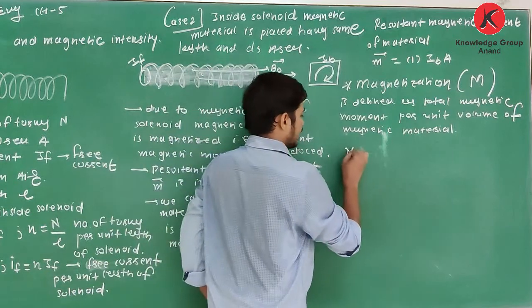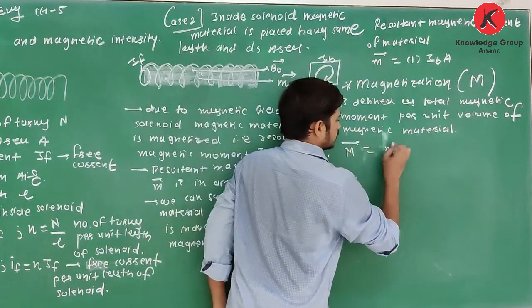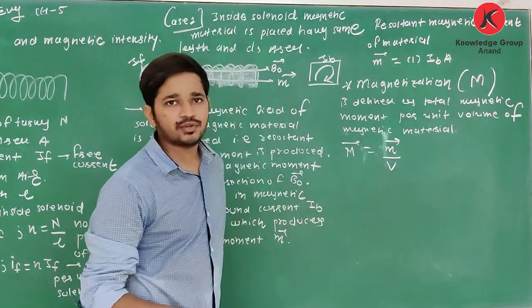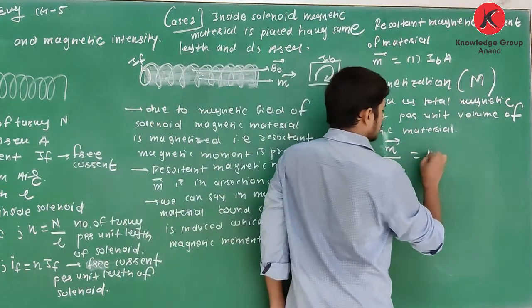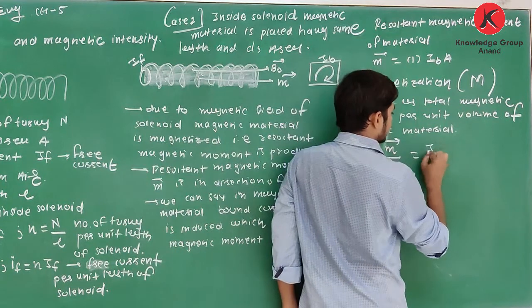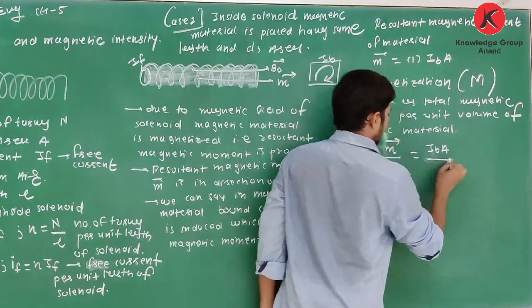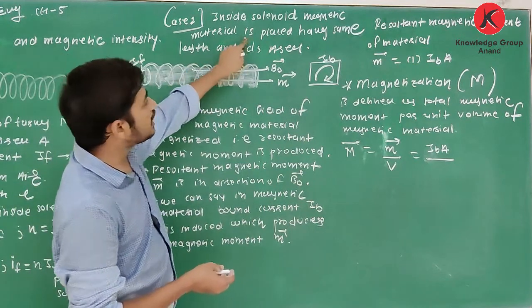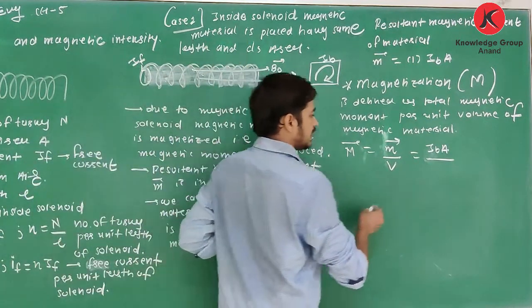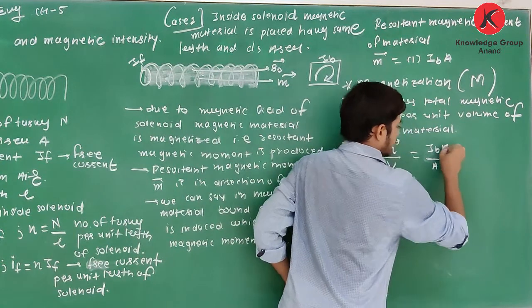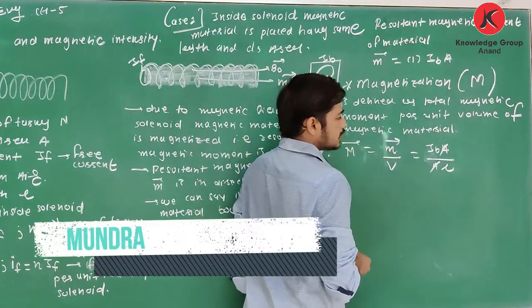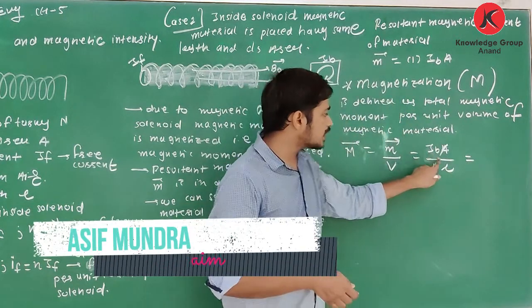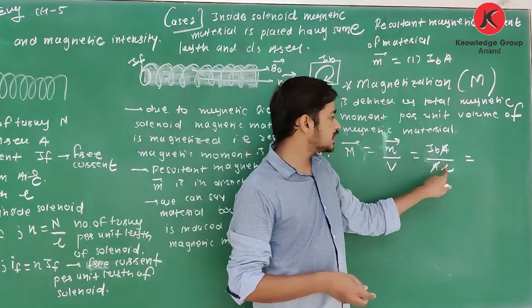That is, M is equal to the resultant magnetic moment divided by V, the volume. So it is IB into A. What is the volume of this material? Length is L and cross-sectional area is A, so volume is A into L. A cancels, so IB upon L, the bound current per unit length.